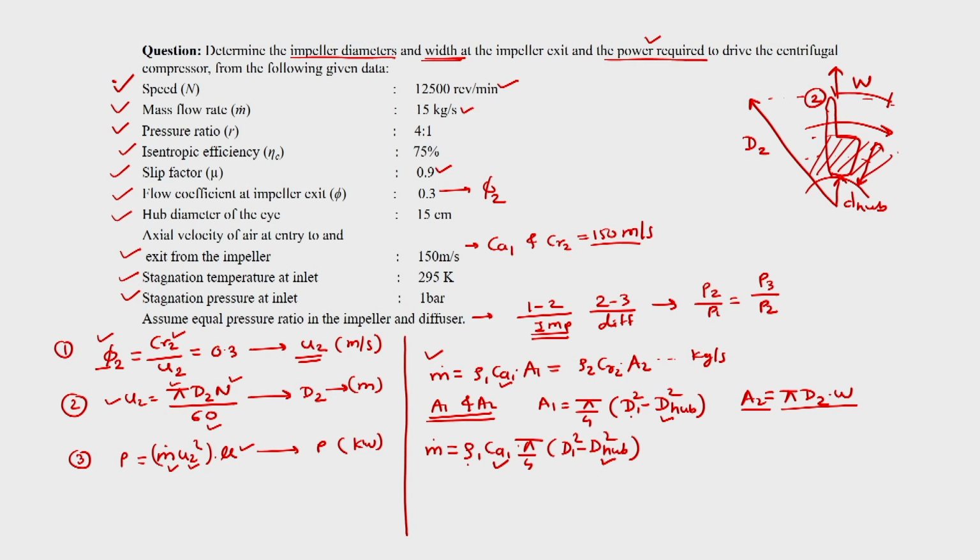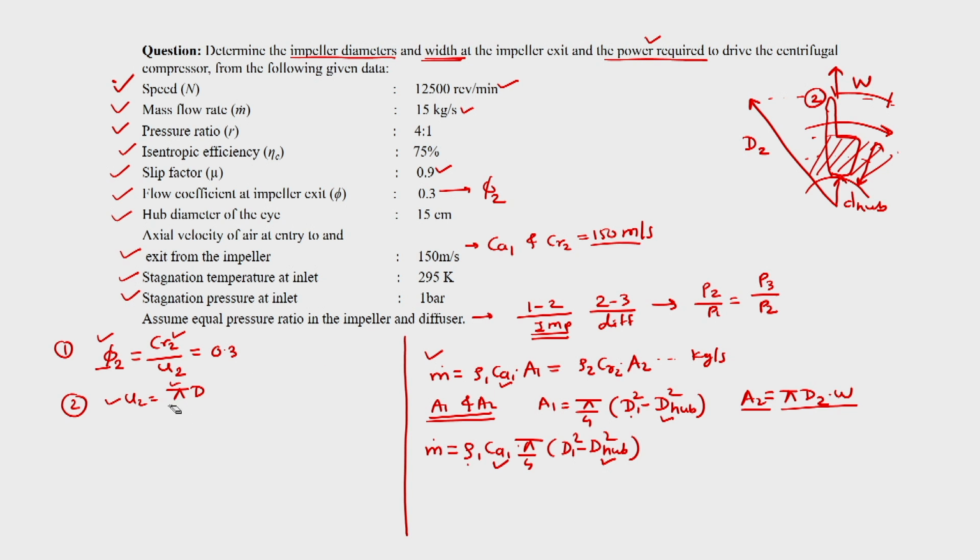How to find out rho 1? We need to know the pressure and temperature at the inlet. Once we know them, we can use the formula P equal to rho RT to find the density at the inlet.